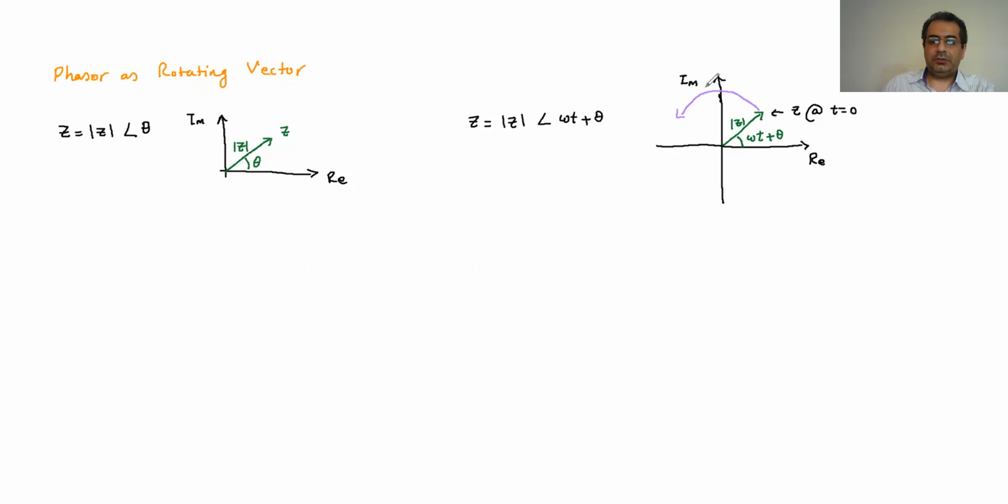So the location keeps changing, it is rotating here. Now, if I come here, and I know this is the real value part of that, I'm going to see the projection of that here.